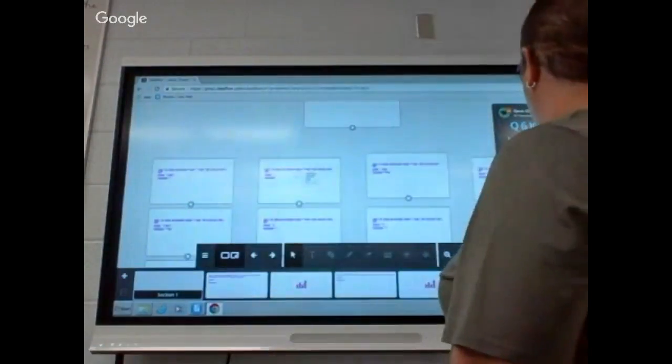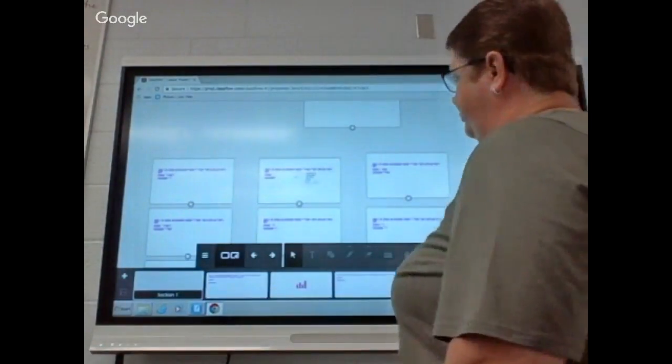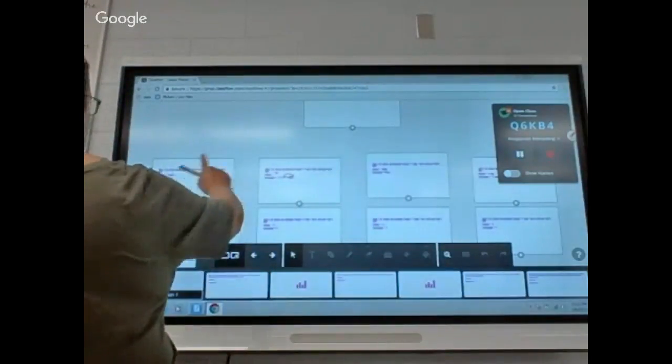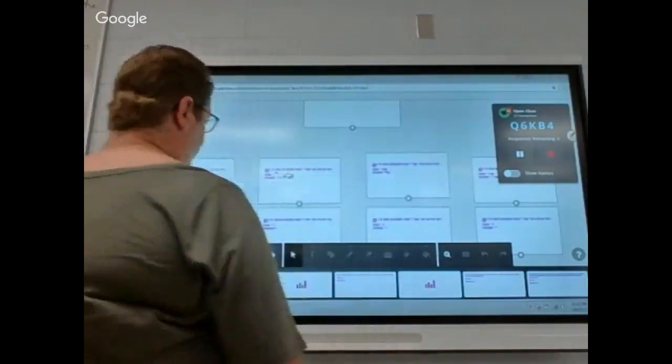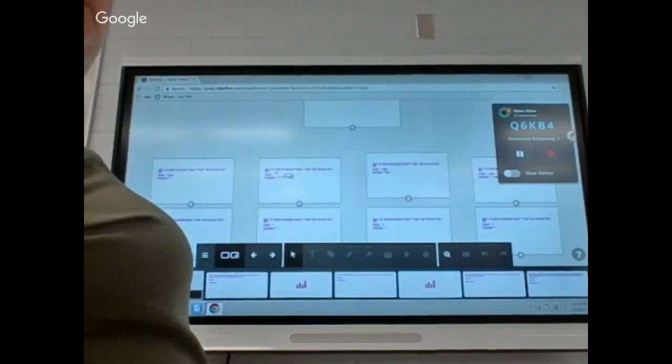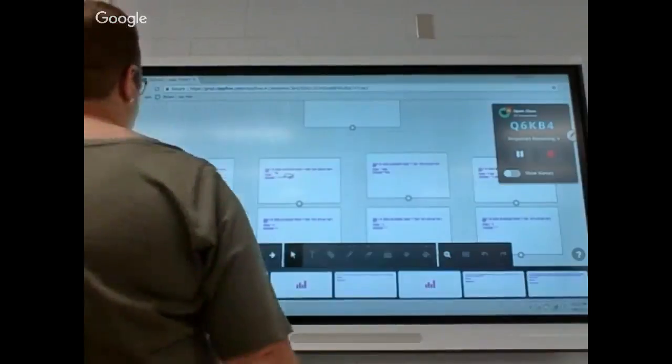That's what I want to be able to do. I should be able to see them all, and if it's not going to let me do it, I'm not going to keep using this.